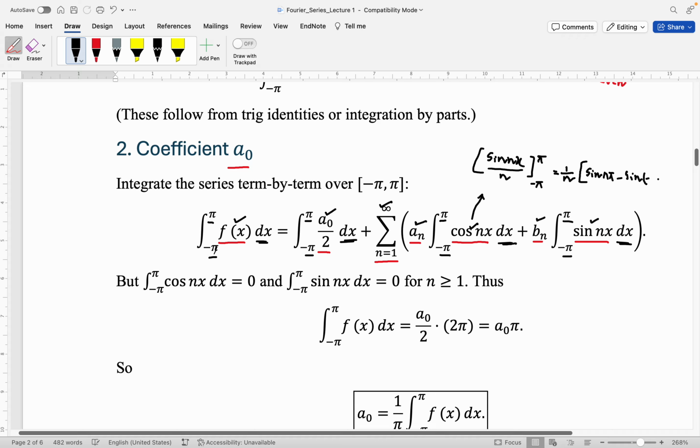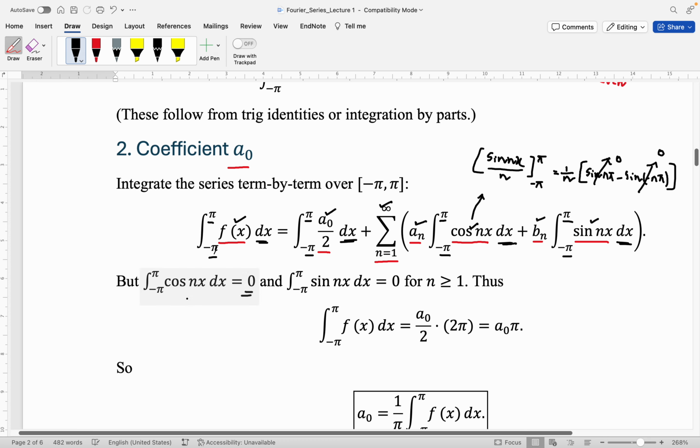Now you know sine of n pi, where n is any integer, is 0. Both are 0, so this becomes 0. Hence the integral of cos nx is 0.